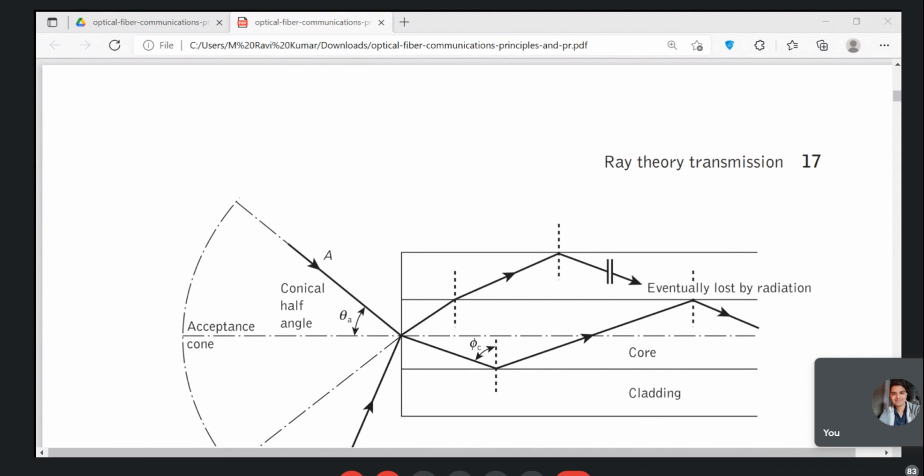What is meant by this acceptance cone and the conical half angle is: if the angle of incidence of any light ray is greater than this theta A, then that light ray will be lost in the cladding. It will go into the core, but from the core it will go into the cladding. I hope that is understandable.